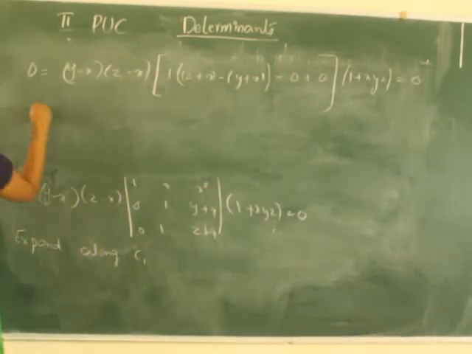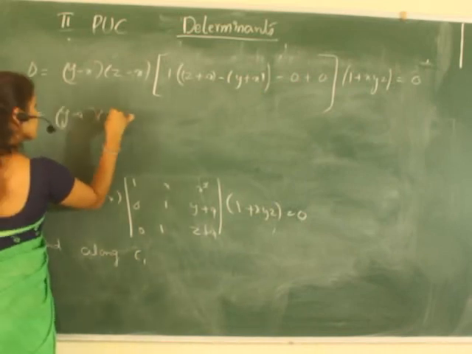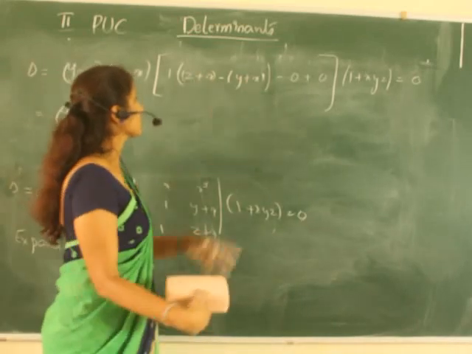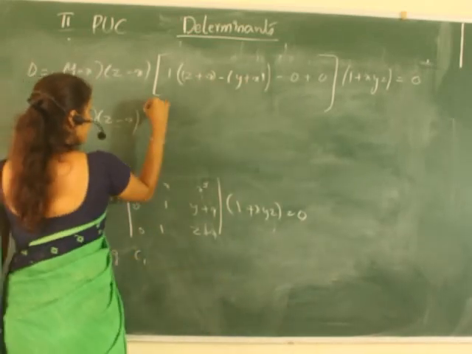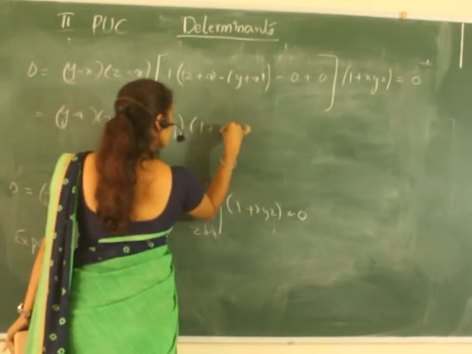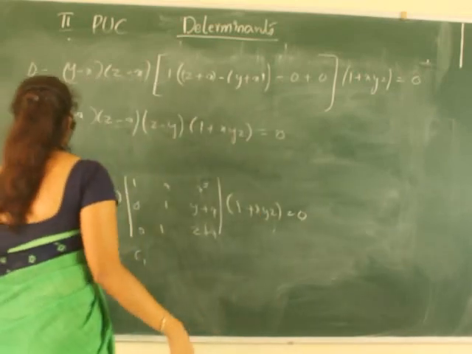So this is equal to y minus x, z minus x, and here x and x cancel, we get only z minus y, into 1 plus xyz equal to 0.